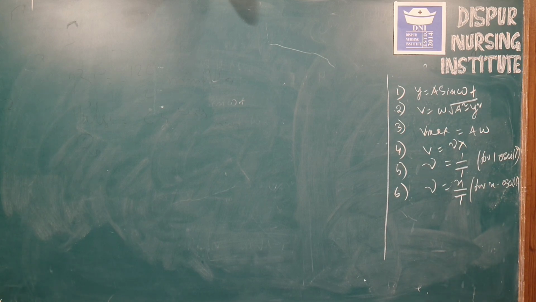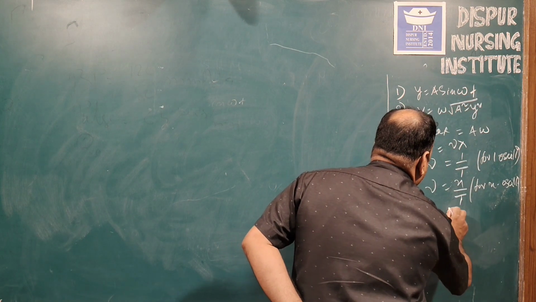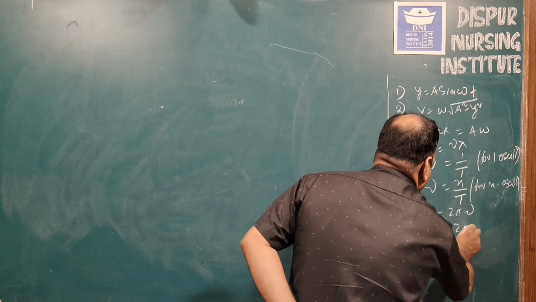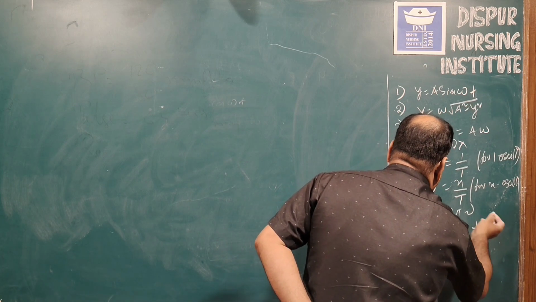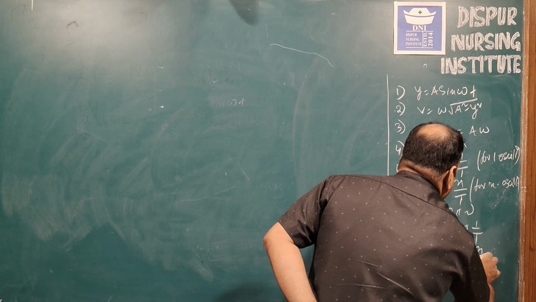So this is the formula you remember. And number seven, omega is equal to twice pi nu. That means number eight formula will be omega is equal to twice pi n by t, and sometimes we can also use twice pi n by t.